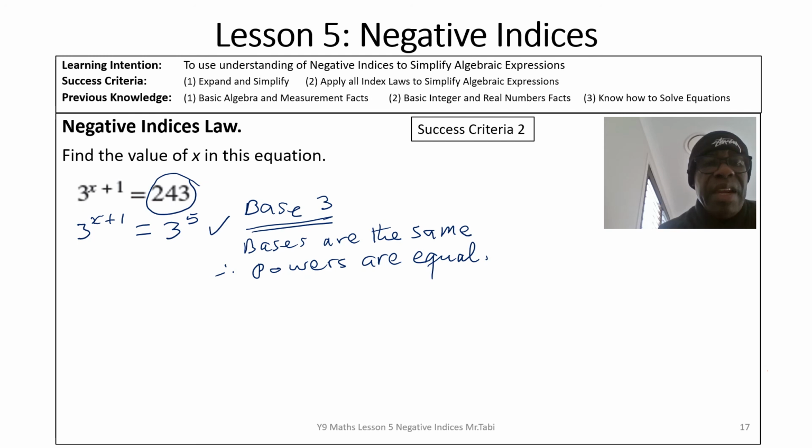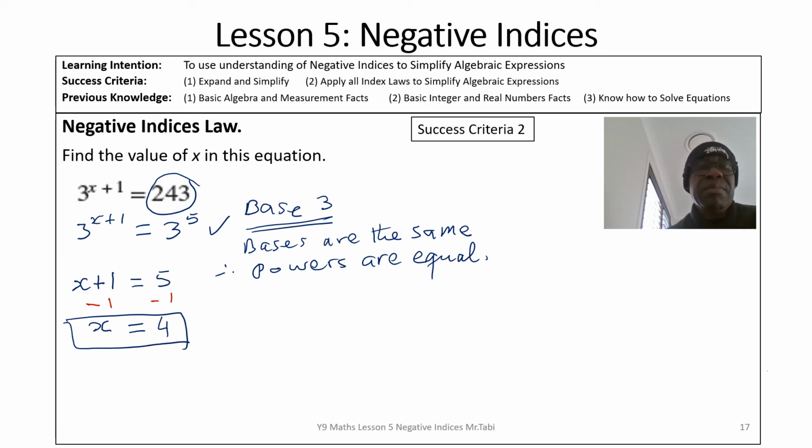So I can write the next step, which is x plus 1 must be equal to 5. And then solve this problem, which is a very easy one indeed, because I need to subtract 1 here and subtract 1 there. So this side becomes x equal to 5 minus 1 is 4. So that's your final answer, and it's easy done once again.